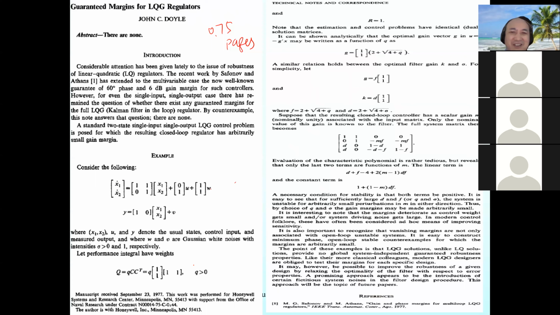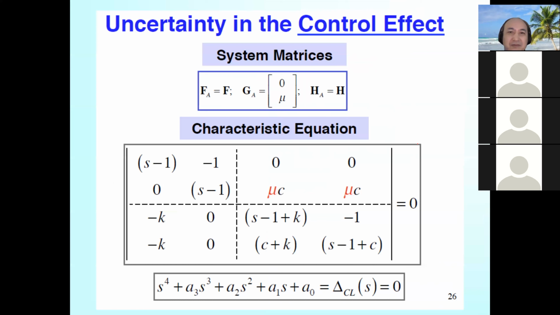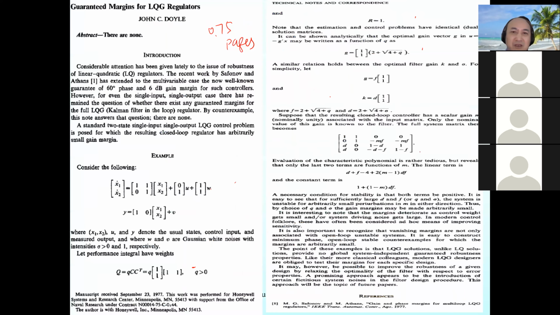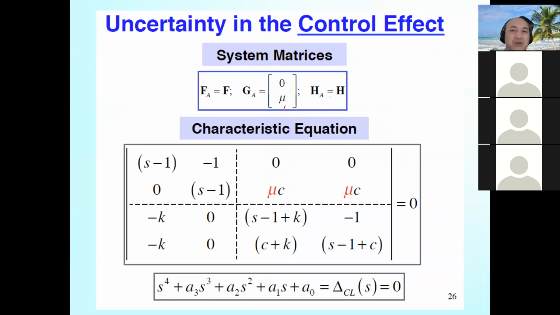They worked out the example, then they try to do the closed loop transfer function. If you do have a little bit of mismatching here, only one with mismatch, G in here. G is my B. So instead of one, I put a mu in here.